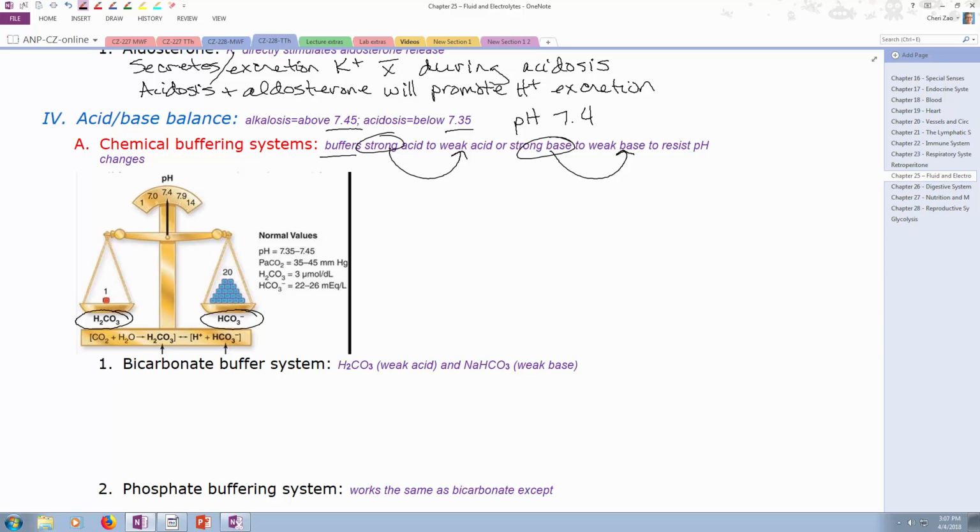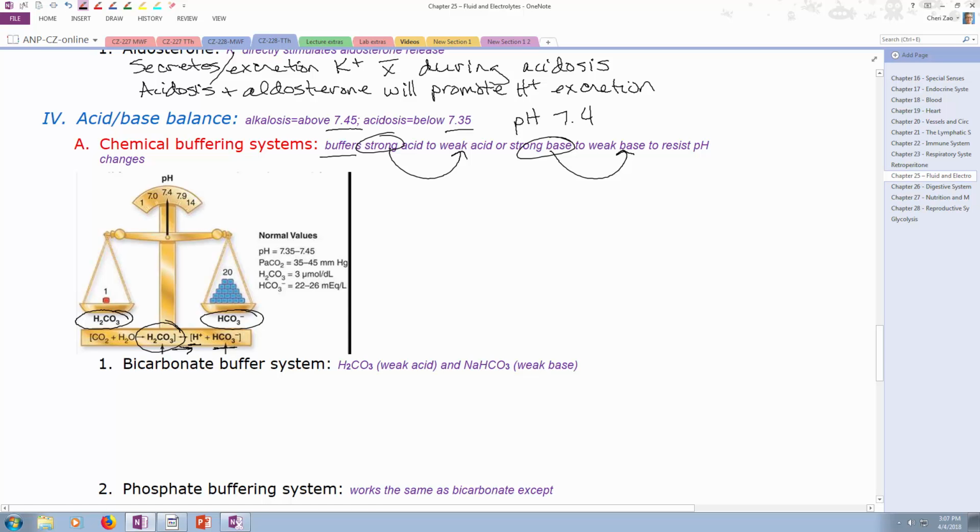What this means is, as far as equilibrium goes, we have this as a weak acid, which means it doesn't move this direction very readily, and produce protons as well as the next buffer, which is the bicarbonate ion.